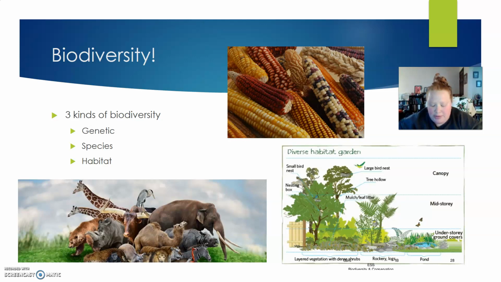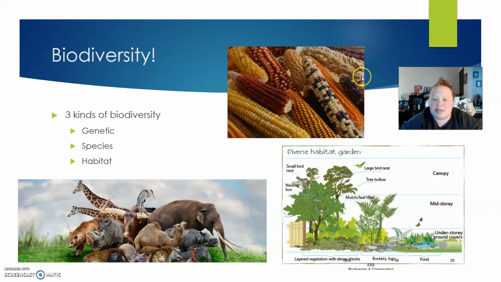So genetic biodiversity, remember, is just that we have a diversity of genes within our species. So within the human species, you can see a bunch of different alleles. With species diversity, that just means that there's a bunch of different species on Earth or in an ecosystem.